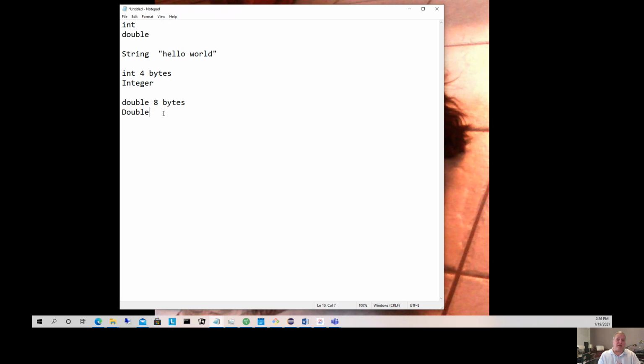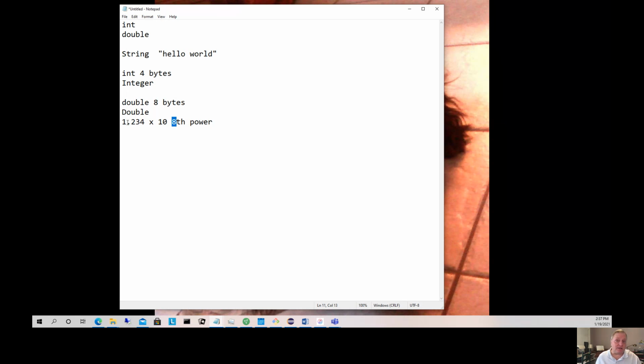And just like scientific notation might be written something like, well, I'll do it down here, 1.234 times 10 to the 8th power. And I can't do that in Notepad, sorry. But that is how it's stored. The 1.234 is stored, and the 8 for the exponent is stored.